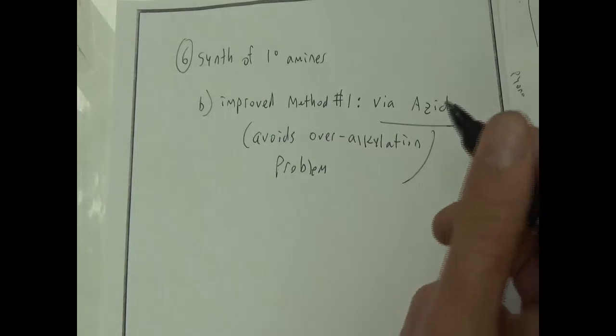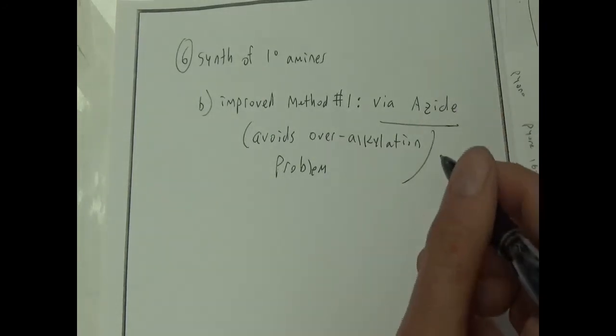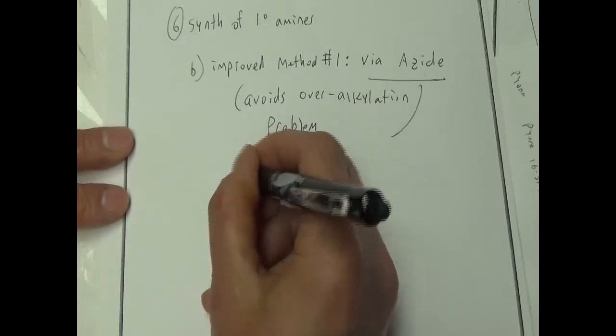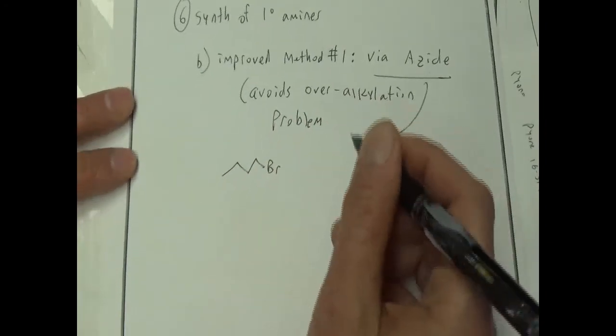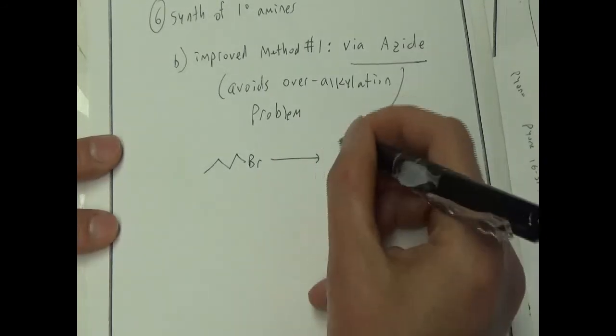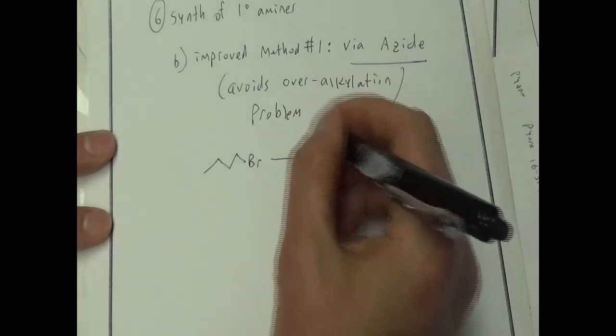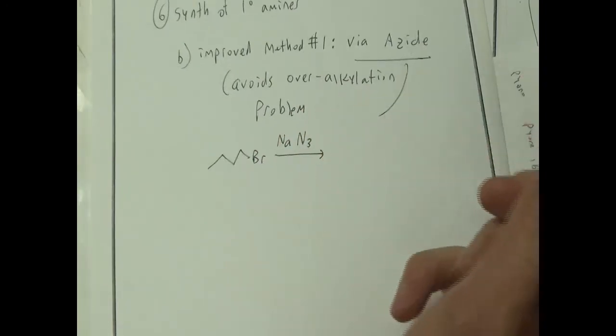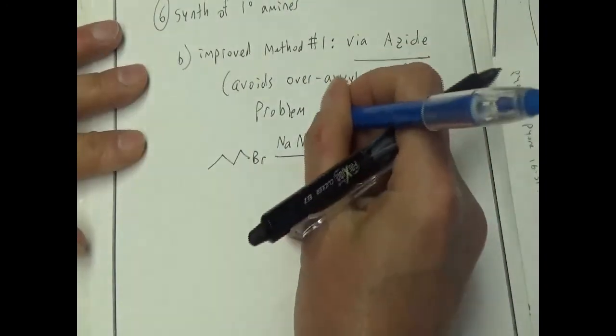Okay, so I'll just show it, and we'll talk about the mechanism next time. It's pretty straightforward. So here I'm going to just do an example. Bromobutane, 1-bromobutane. So we're going to do an SN2, but we're not going to use NH3, we're going to use NaN3, which is called sodium azide.